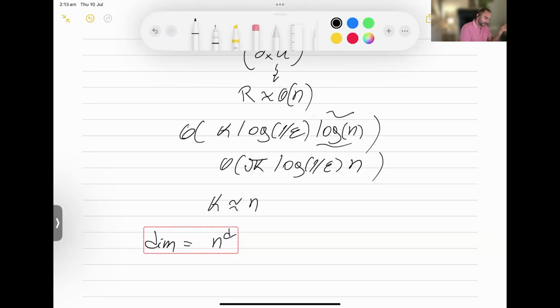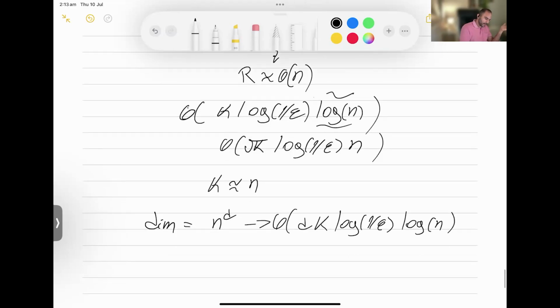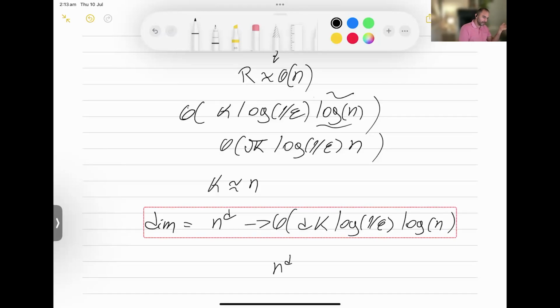When you go for the quantum solvers, this becomes a dependence linear in D. So now the complexity is going to be like D kappa log 1 over epsilon log n. And then you are up against something that, for the classical, is going to be n to the power D. Take the conjugate gradient, you have now power D.